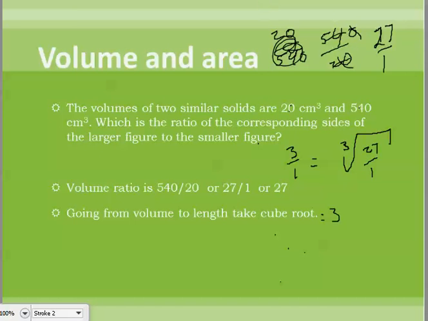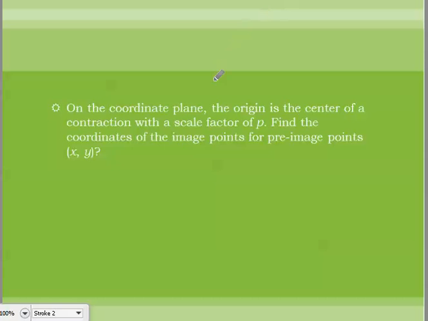Cool? Going forward. On the coordinate plane, the origin is the center of a contraction with a scale factor of p, and they want to find the coordinates of the image points from the pre-image points. Okay? The pre-image points were x and y.